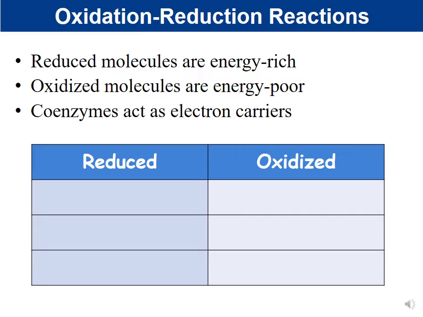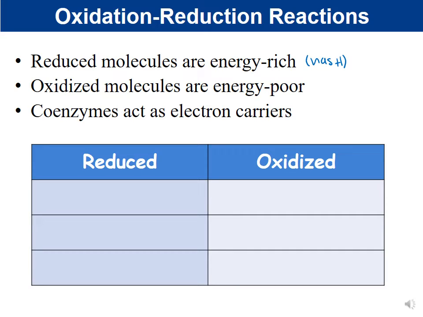In our redox reactions, we have coenzymes, and these coenzymes act as electron carriers. And so you might recall that a coenzyme is going to be organic in nature, and they are going to carry the electrons. Now, when the electron carrier is reduced, meaning it has the hydrogen, it is energy rich because those electrons are energy rich.